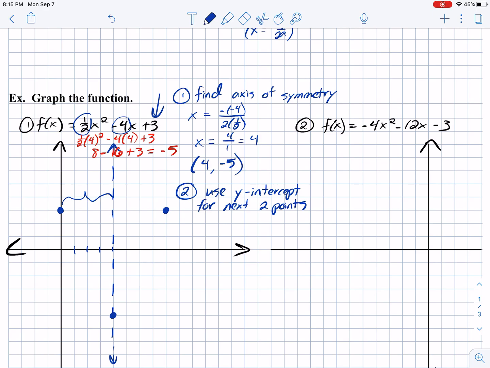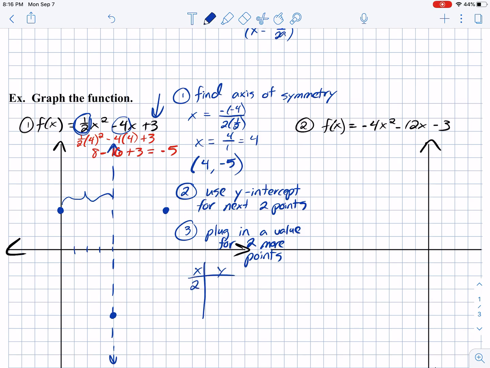If I asked you to graph using 5 points, then you can just plug in a value for 2 more points. And then just pick any value that you like, something that's easy. Maybe you want to pick 2 because we know we're going to have to multiply by 1/2 in front. So let's just plug in 2 and see what we get. We'll just make our little table here.